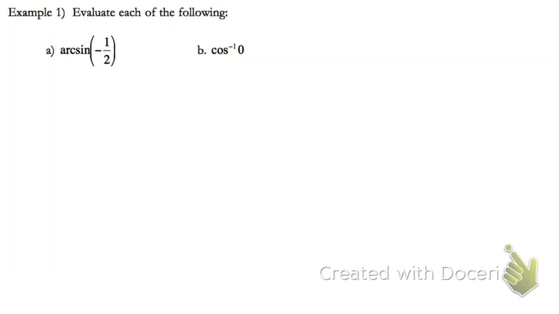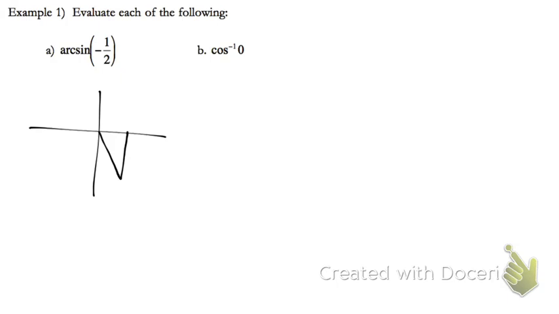So a couple of examples. It says to evaluate arc sine or sine inverse of negative 1/2. So remember that sine inverse is in the first and fourth quadrant, so we're only looking here. So if I want sine to be negative, I'm looking down here in the fourth quadrant.